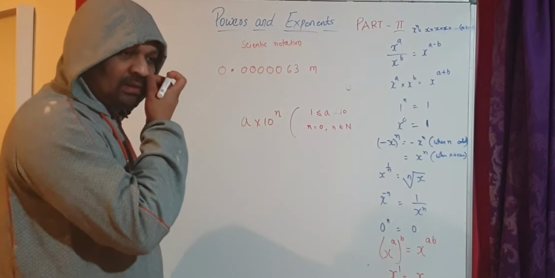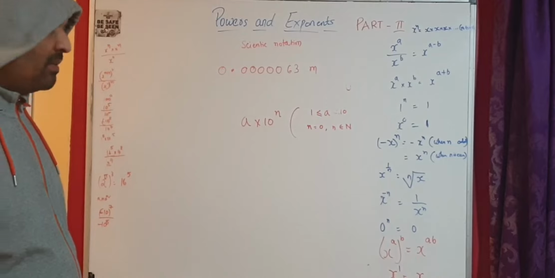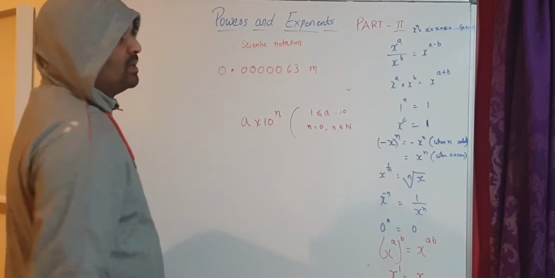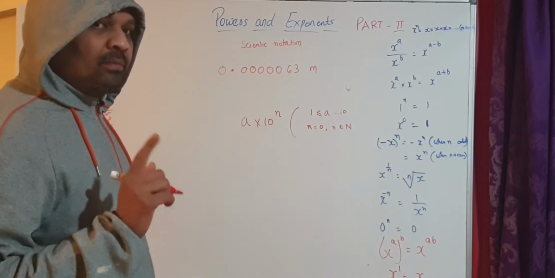If you want to convert this one into scientific notation, can we do it? Yeah, we can do it. This is the smallest value. It's very small, very much smaller than 1.